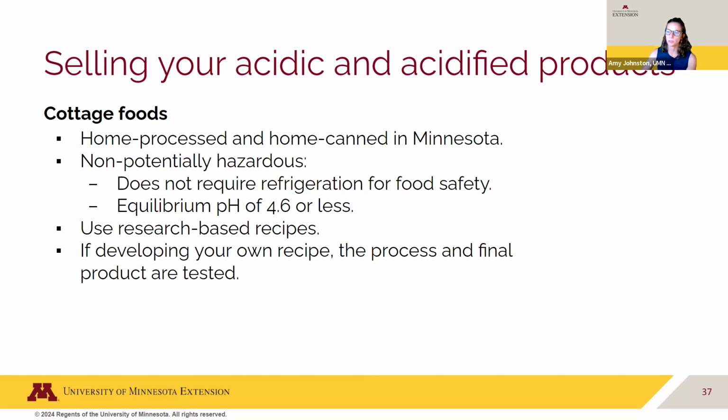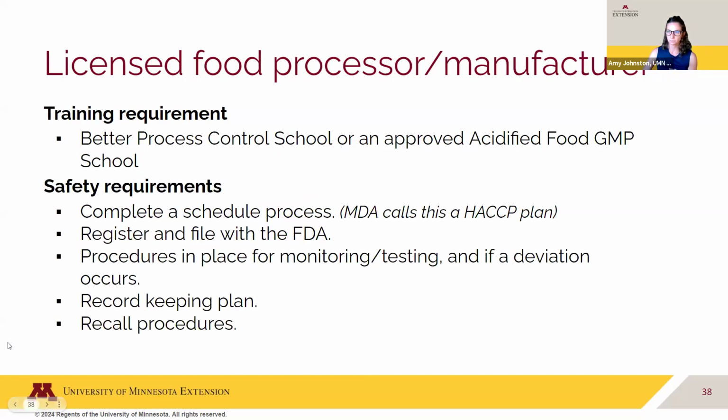Again, you need to use research-based recipes or follow that process for developing your own recipe and having it tested in a lab. For licensed food processing and manufacturing, before you begin, you'll need to complete what is called a Better Process Control School, or an approved acidic food GMP, Good Manufacturing Practice School.